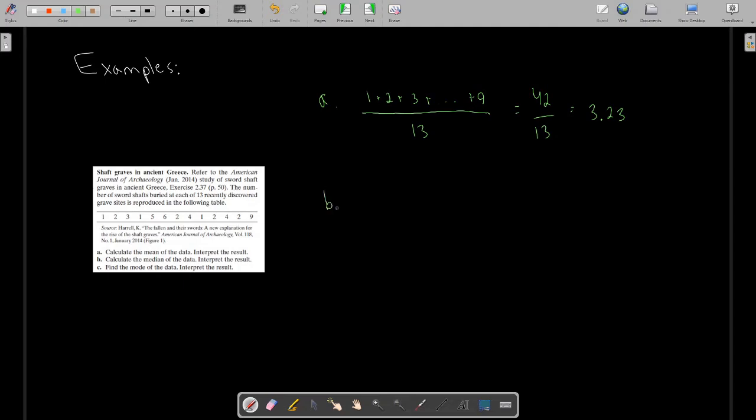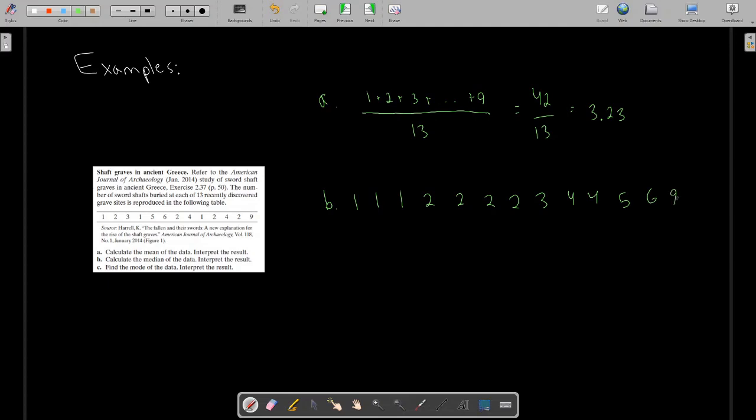For part B, we want to calculate the median of the data. And so when we do this, we want to take our numbers and order them from smallest to largest. So we see we have 3 1s in this data. And then we have 4 2s. And then we have a 3. We have 2 4s, a 5, a 6, and a 9.